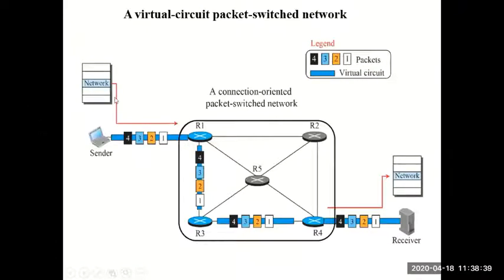In a virtual circuit, as I told you, at the end of all the 3 phases, a connection is established from the sender to the receiver. They have established this connection based on some routing protocol and conditions, and they decide R1 to R3 and then R4 and the receiver is the best path.